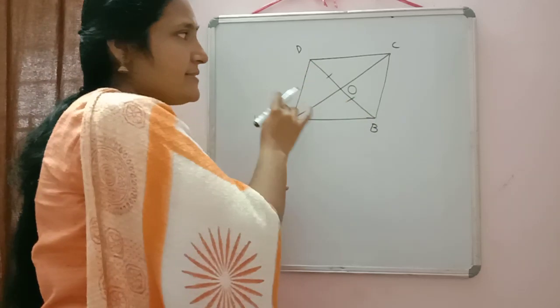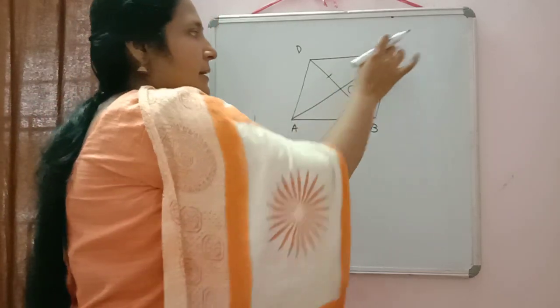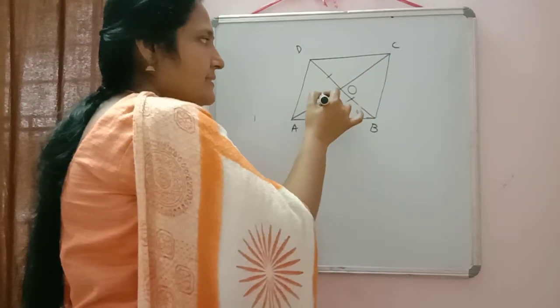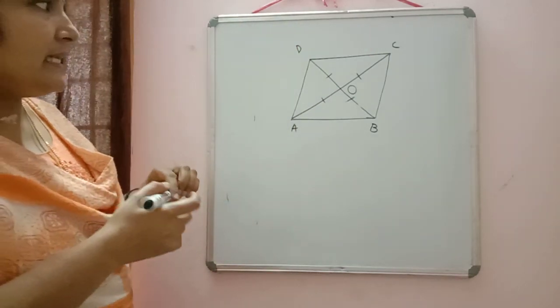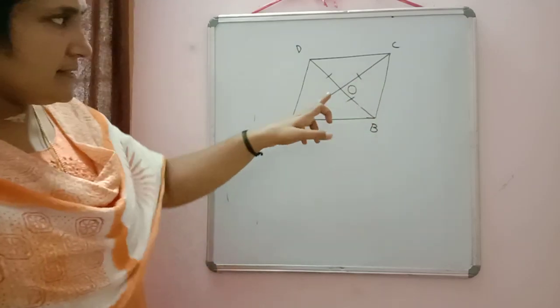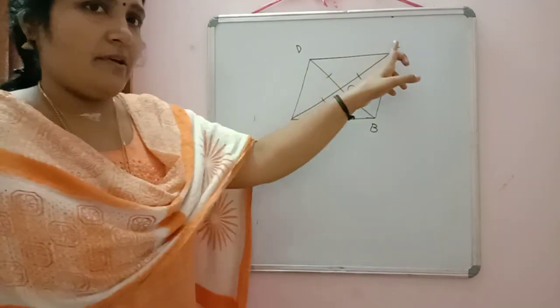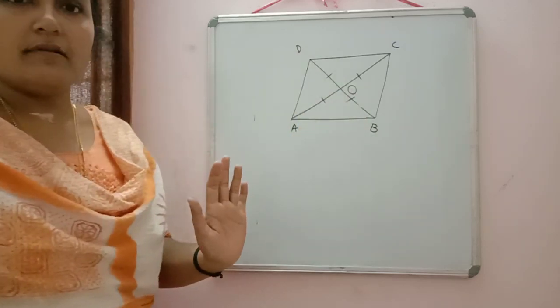These two sides are same, so ratio is 1:1, and in the same way the diagonal BD bisects AC also. So BD divides AC also in the ratio 1:1, which means O is the midpoint of AC and O is the midpoint of BD also.